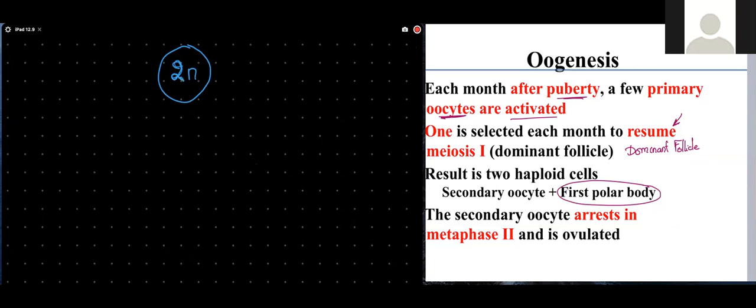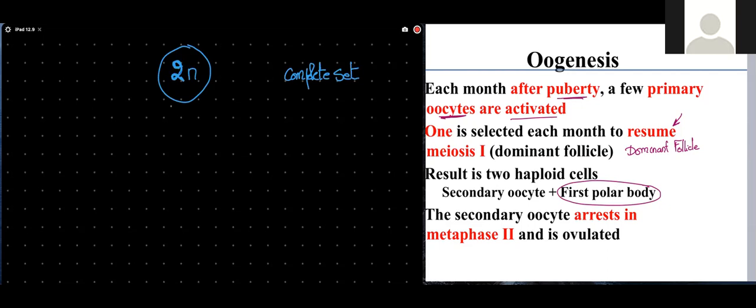This means what for you? It means it has a complete set of genetic information. It has 46 chromosomes.